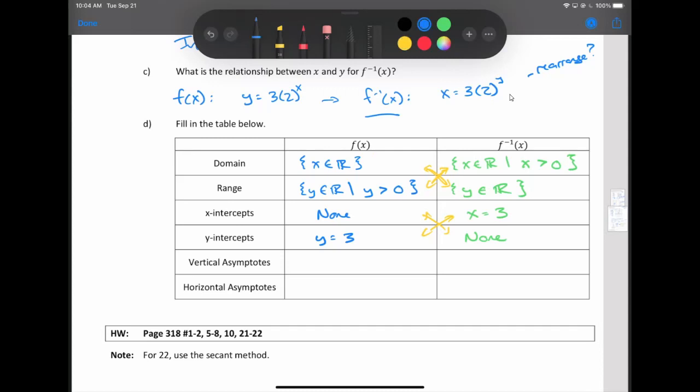Vertical asymptote, it had none. Horizontal asymptote, it had y equals 0. For our other one, it did have a vertical asymptote at x equals 0.